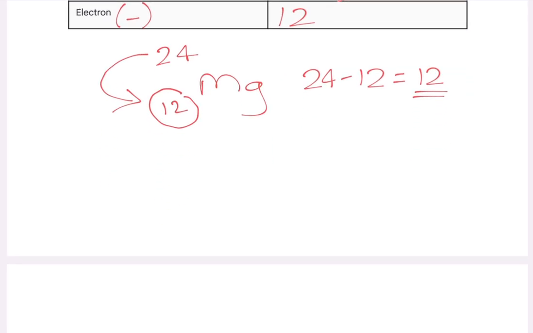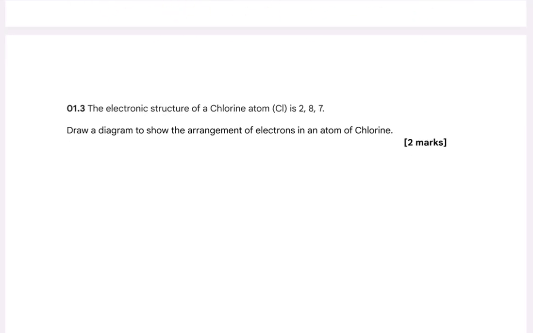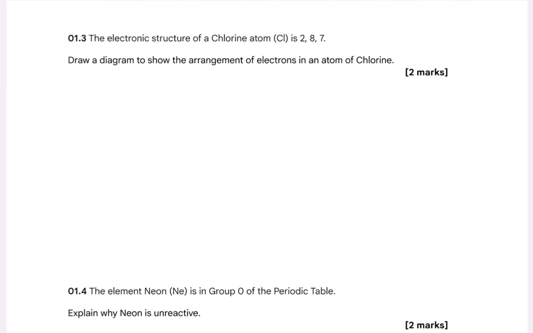So if we go further down then, this is going to ask us about the electronic structure of a chlorine atom, and it's given us the actual electron configuration here. If we were again looking at the periodic table, the bottom number would have been 17, giving us 17 protons and then subsequently 17 electrons.